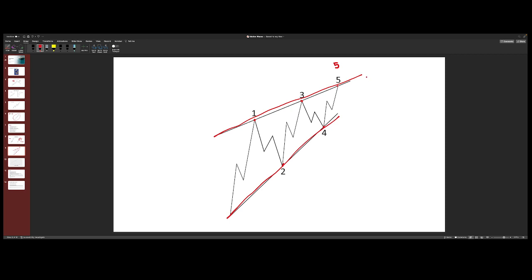That means this space here is contracting. They're converging.